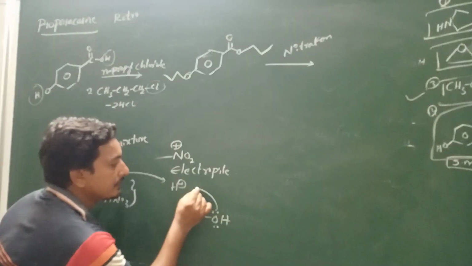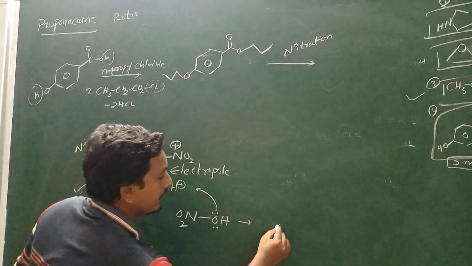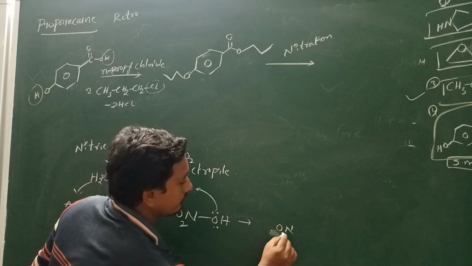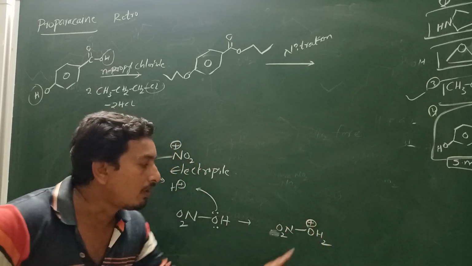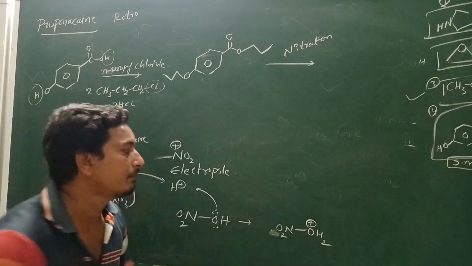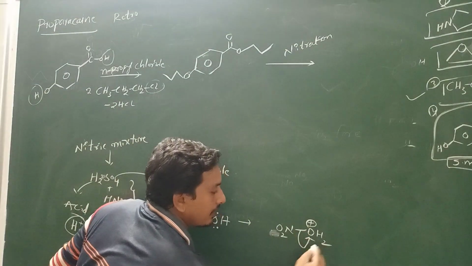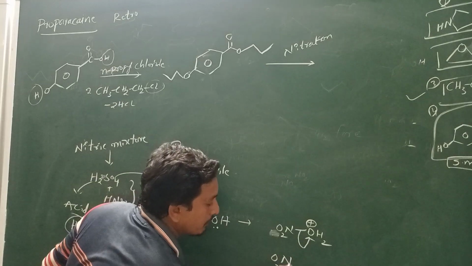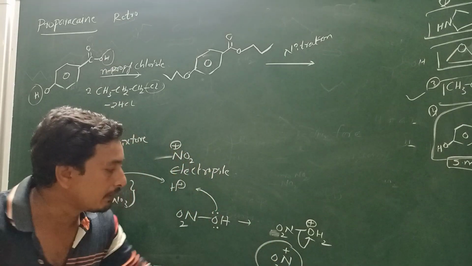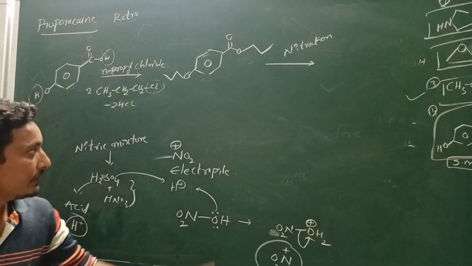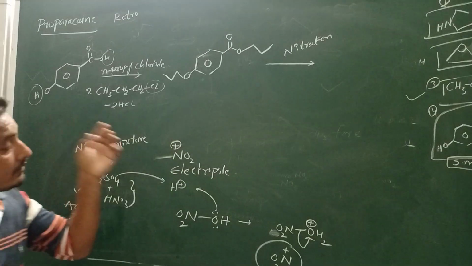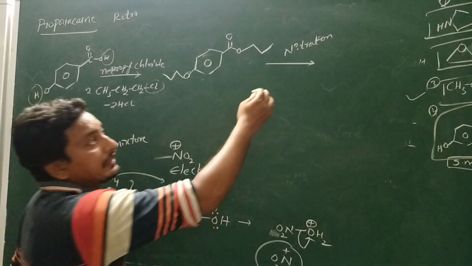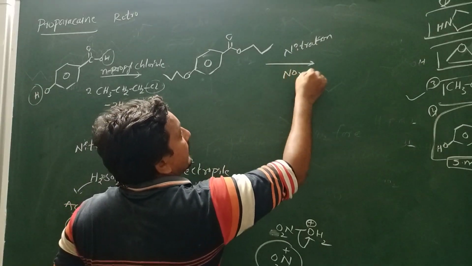It can abstract the H plus ion and is converted to NO2OH2. Here oxygen having positive charge needs electrons, it abstracts the electrons and leaves a positive nitrogen. Here the NO2 group having positive charge is called the electrophile. So from nitric acid the NO2 group is obtained.